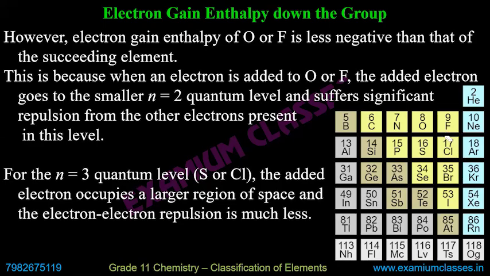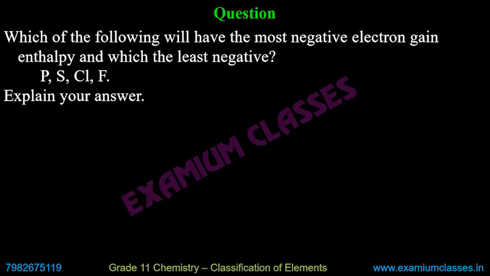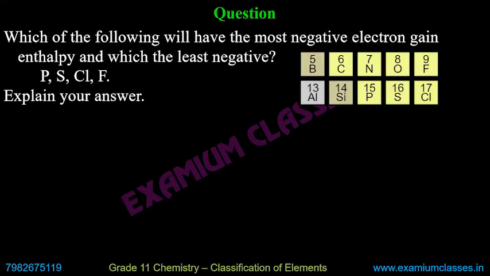Now, when we talk about electron gain enthalpy across the period, it is like this. From phosphorus, sulfur, chlorine, the electron gain enthalpy will become more negative. So in this direction, more negative.